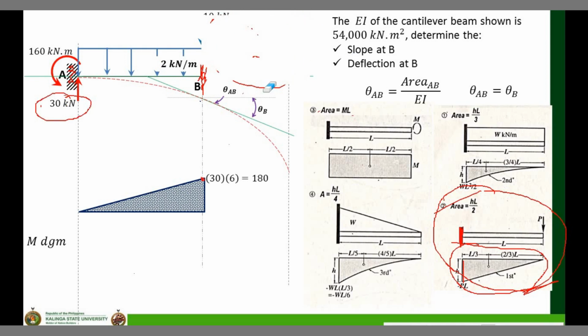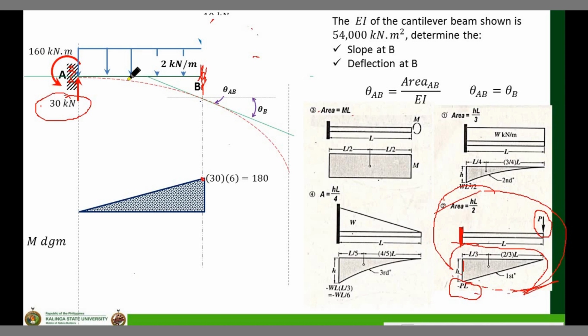So the height of my triangle is 30 times 6. How do we get 30 times 6? Go back to the diagram. The height is equal to negative PL. It is negative because P is downward, but since our 30 kilonewtons is upward, it is positive.